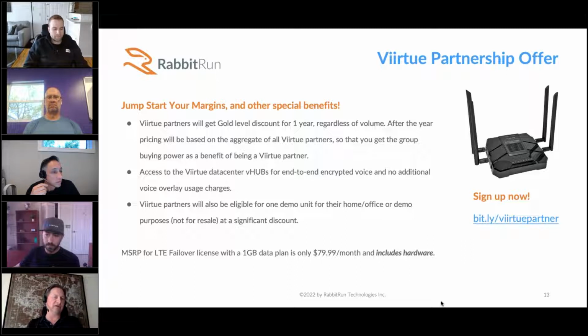So with our technology, we steer that interesting or critical traffic to our VHubs. So not only can you steer your voice to the Viirtue hub, which is what would be intended for that location, but if you have other applications like POS that might be sensitive, we also make available the RabbitRun VHubs that are in different areas of the country for those applications to have a persistent IP as well.